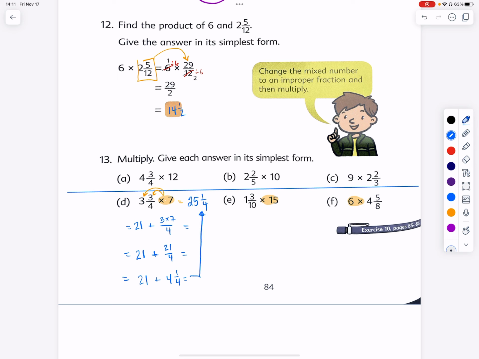And that is our answer, okay? 25 and 1/4. Let's try to put it in a beautiful circle.